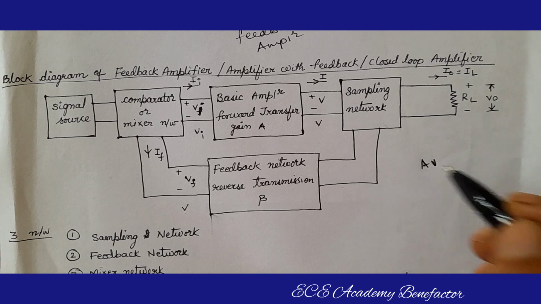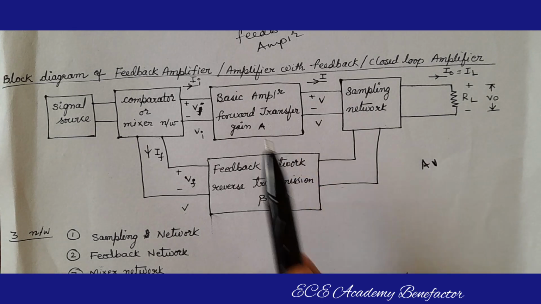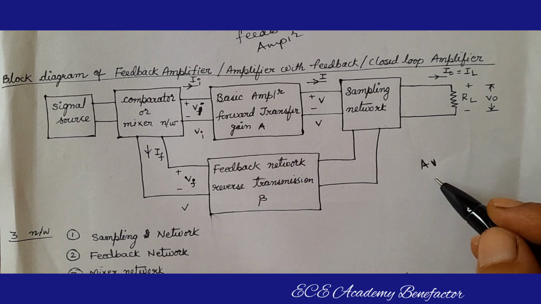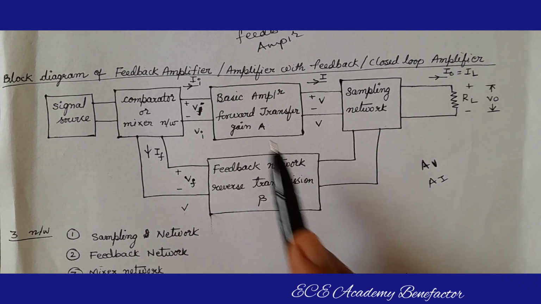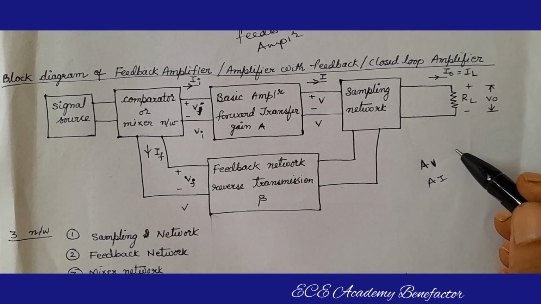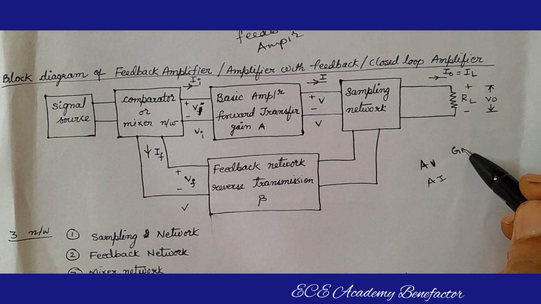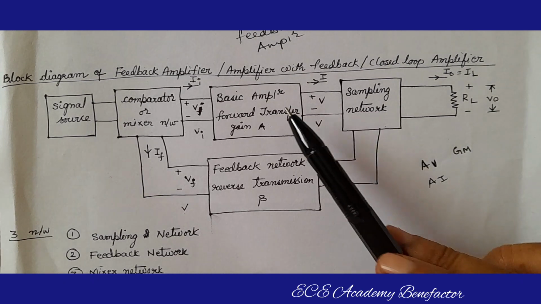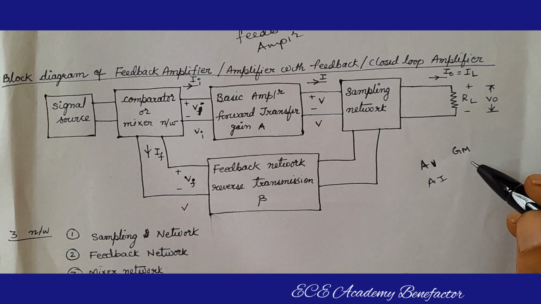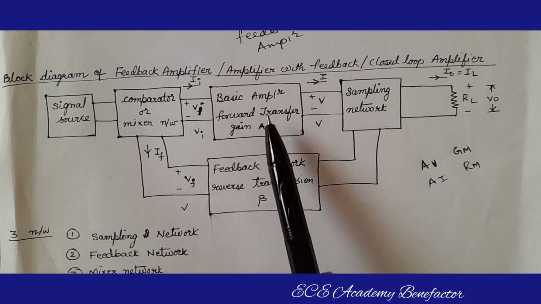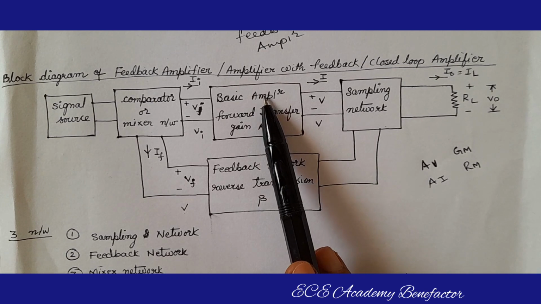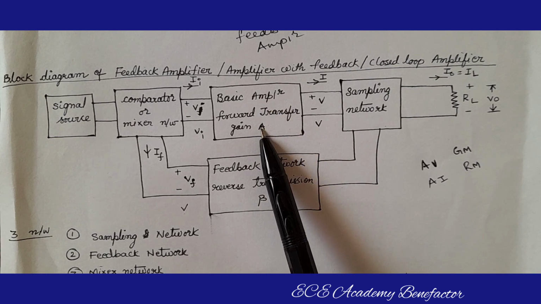If the basic amplifier is a current amplifier, the gain symbol will be AI. If it is transconductance, the gain will be GM. If it is a transresistance amplifier, the gain symbol will be RM. So, again the amplifier of gain A is connected.